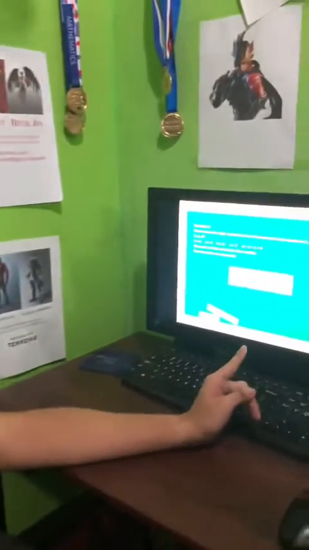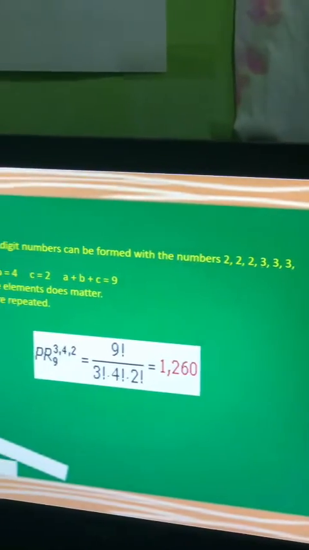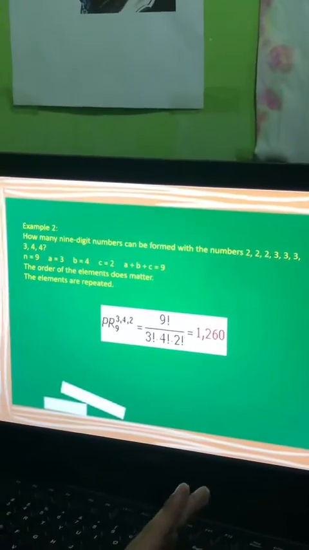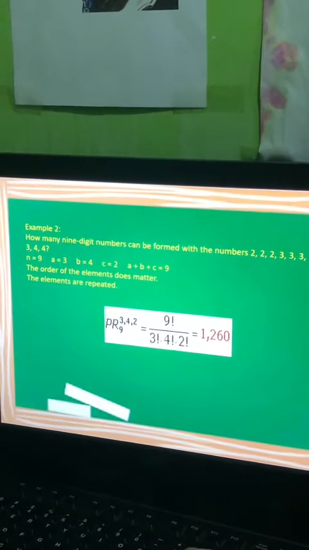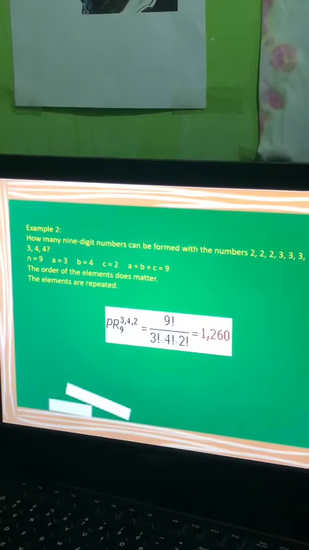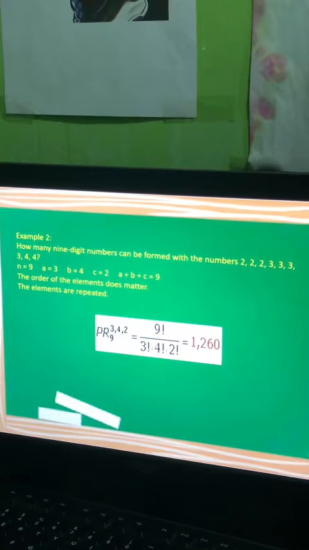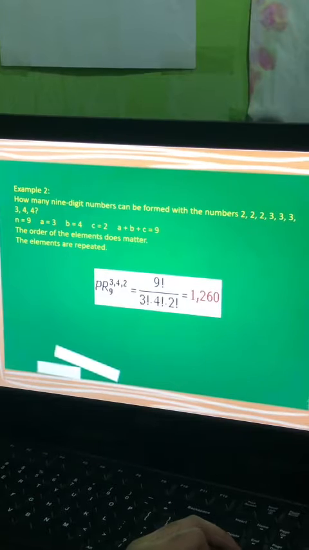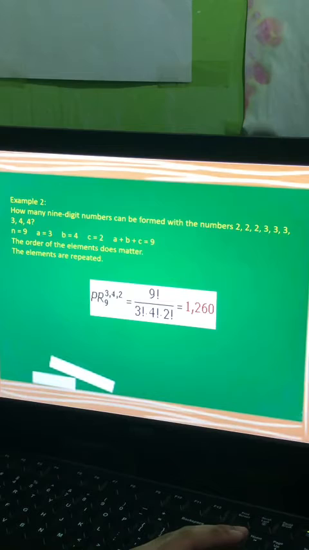Here is another example. How many 9-digit numbers can be formed with the numbers 2, 2, 2, 3, 3, 3, 3, and 4, 4? Wherein n is equal to 9, and a is equal to 3 because there are 3 2's, and b is equal to 4 because there are 4 3's, and c is equal to 2 because there are 2 4's.